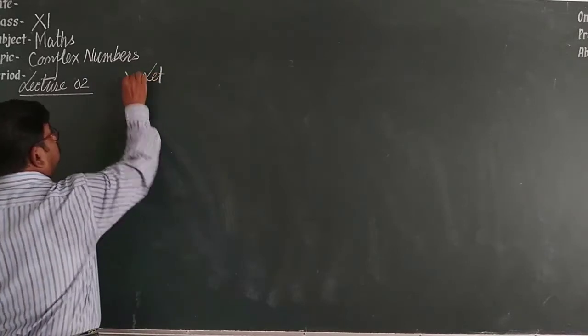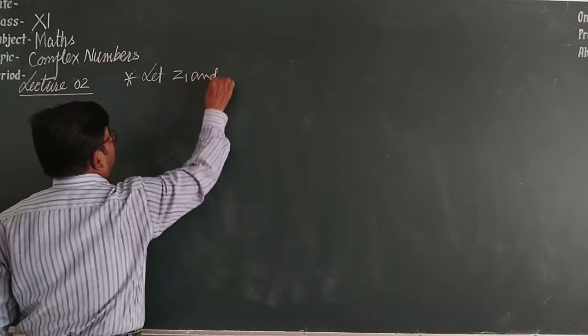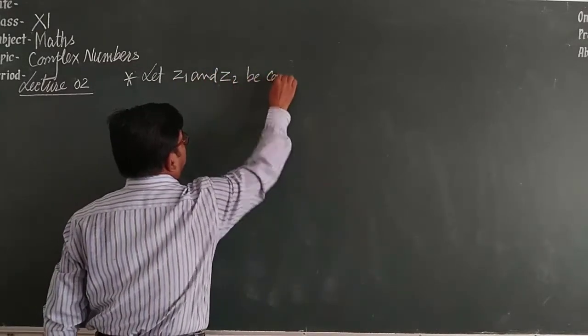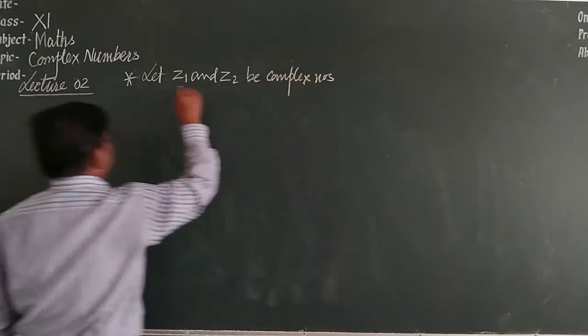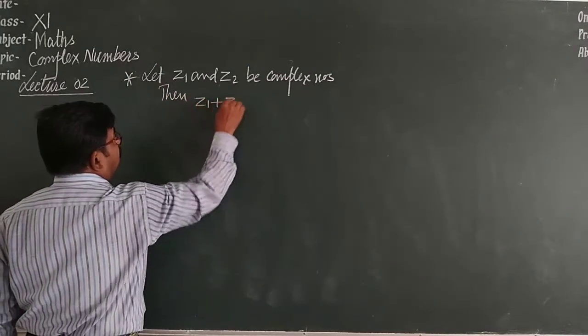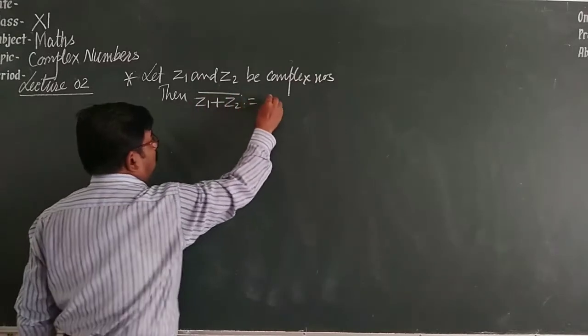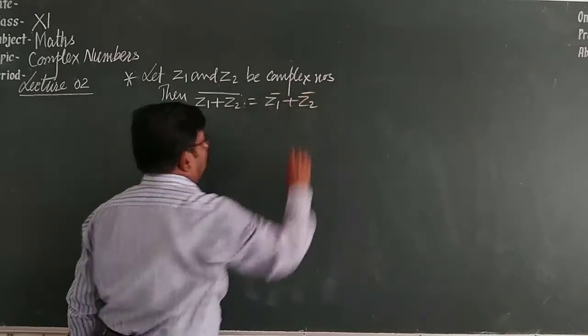Let z1 and z2 be complex numbers, then z1 plus z2 bar is equal to z1 bar plus z2 bar.